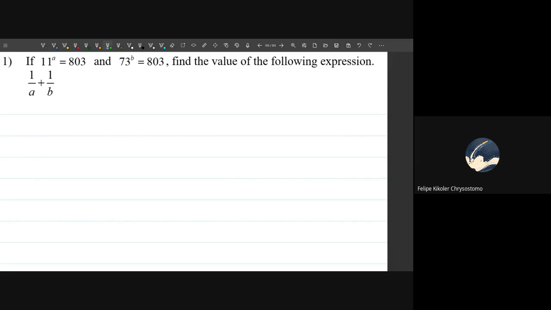I am not that sure how to start answering the question. Okay, because I suppose you don't know logarithms. Logarithms? No, I think not. Okay. In Brazil, logarithm is a subject in high school, so I suppose you don't know.